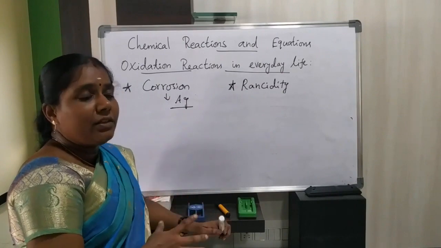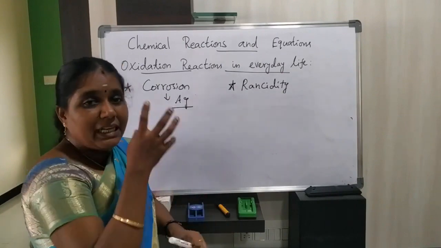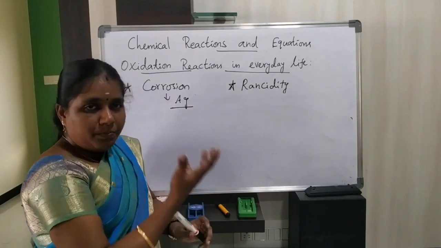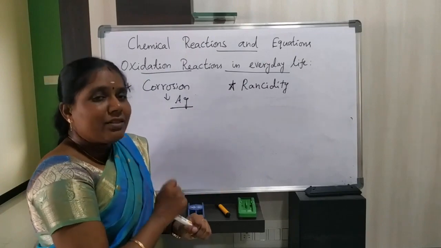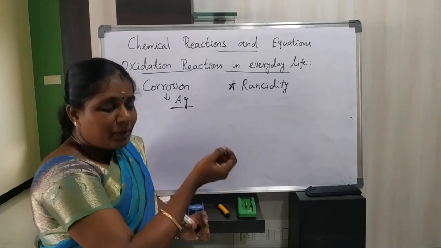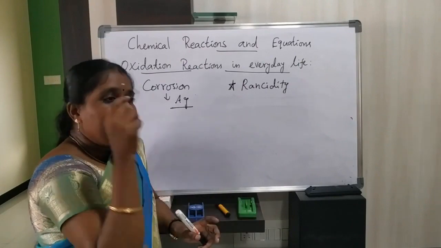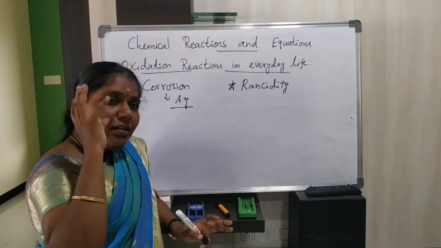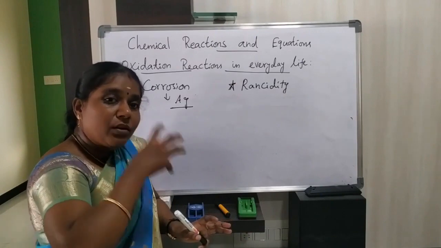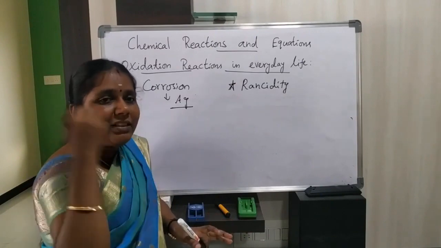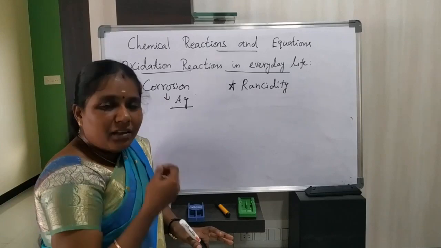Suppose we are wearing a silver anklet or some other silver thing. After a few months, if you wash that silver anklet, it will have a black coating. It is surrounded by some black colored substance.